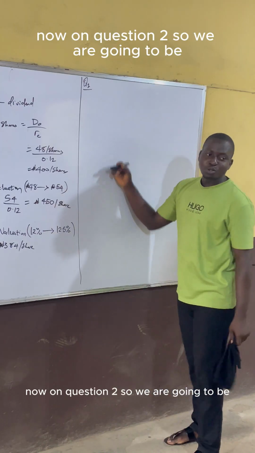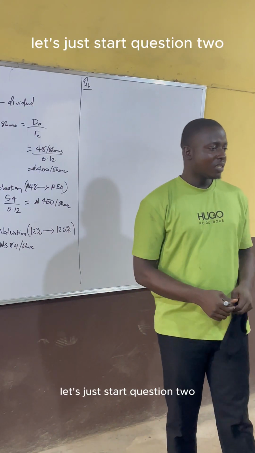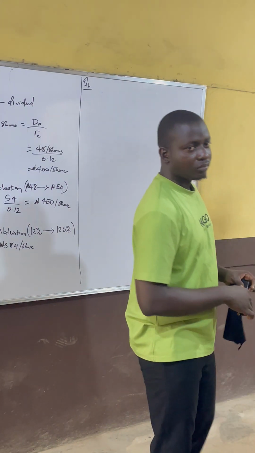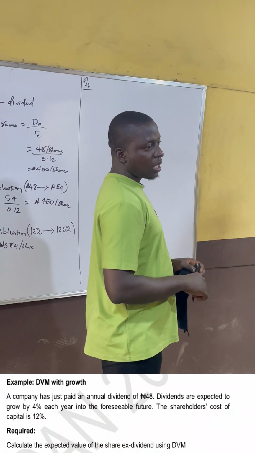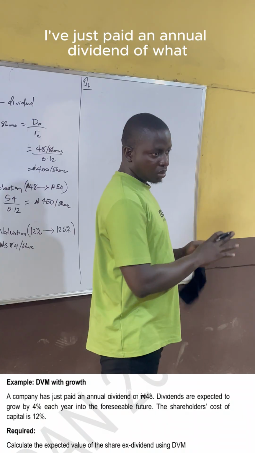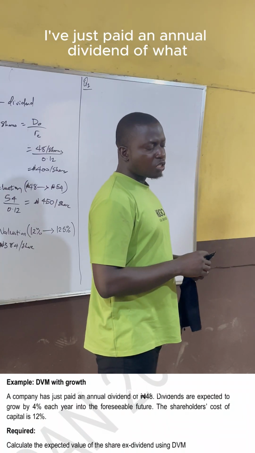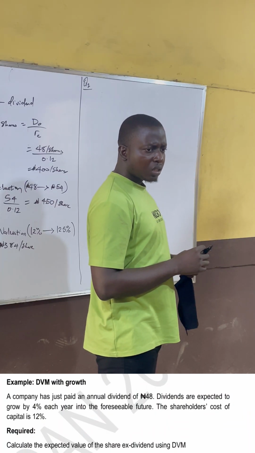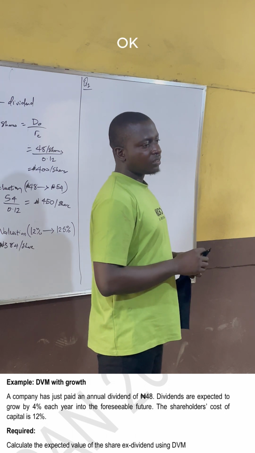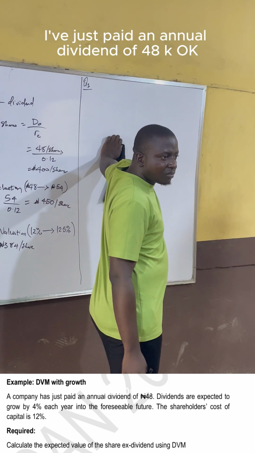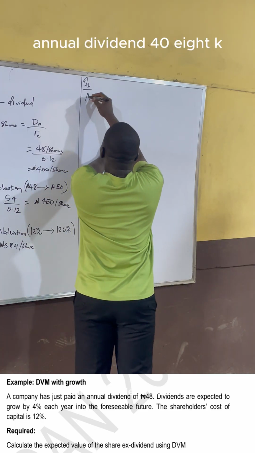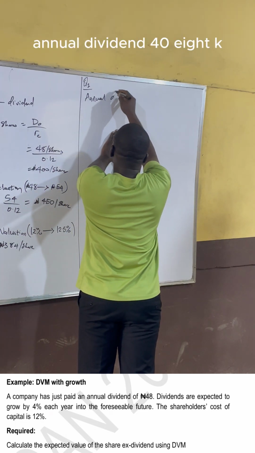Now, let's start question 2. A company has just paid an annual dividend of 14.